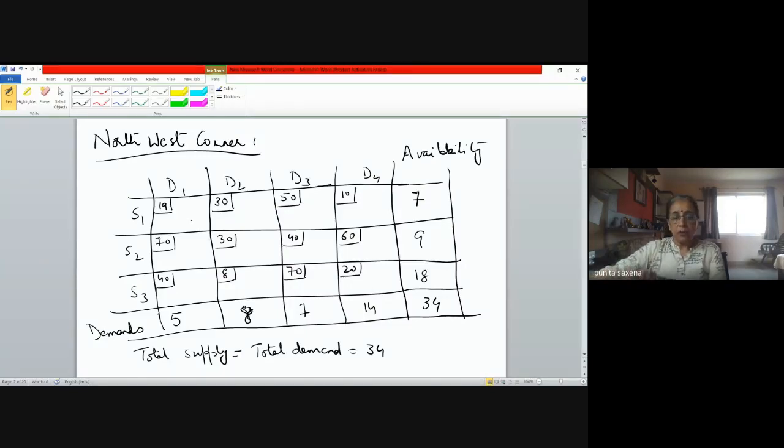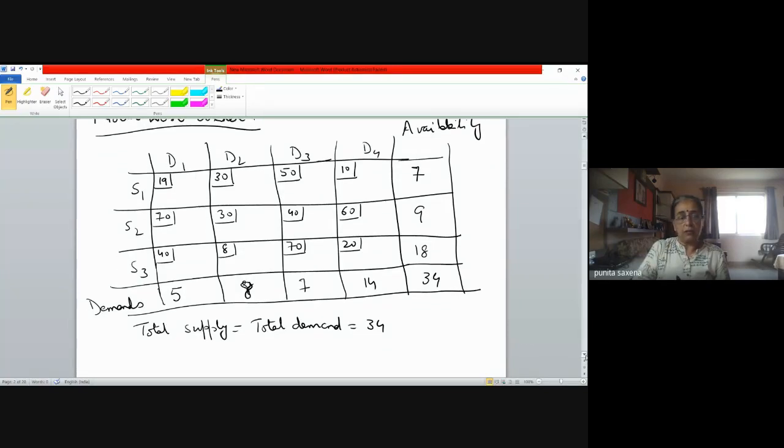Basically, we are starting with the northwest corner of the table, the cell S1, D1, and we are allocating the minimum of A1 and B1 to it. Whatever is the minimum of the two, we allocate.